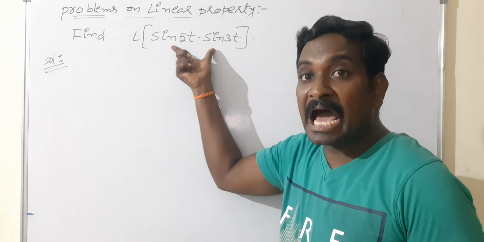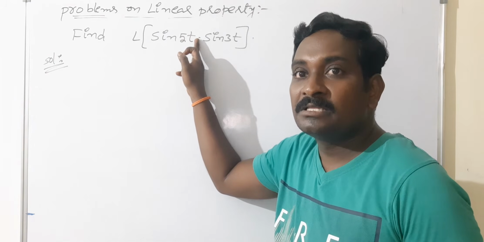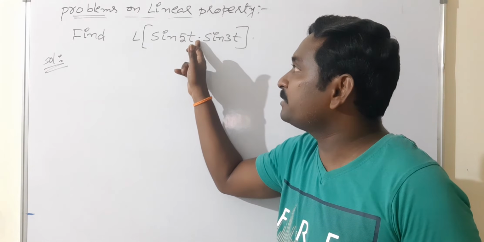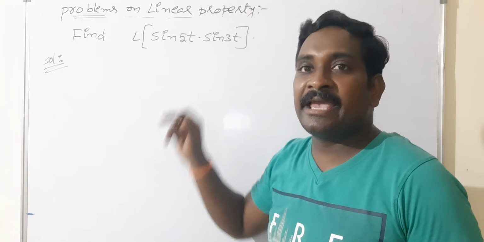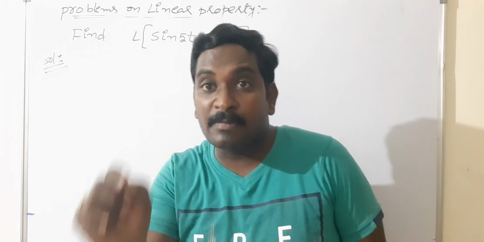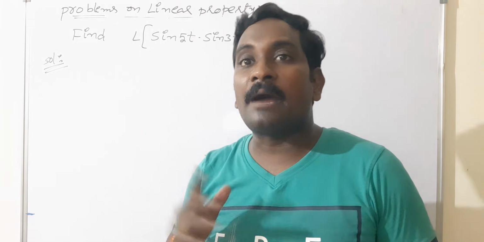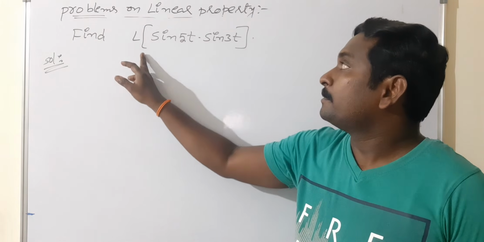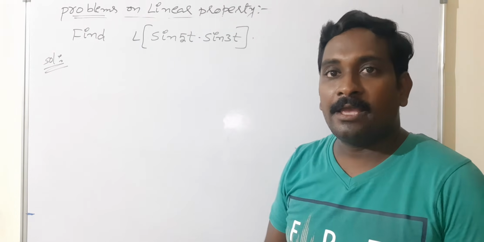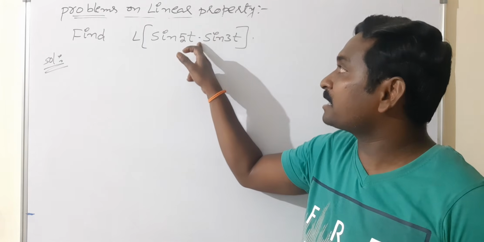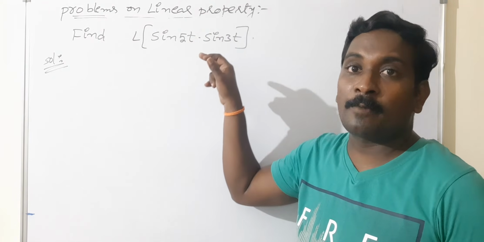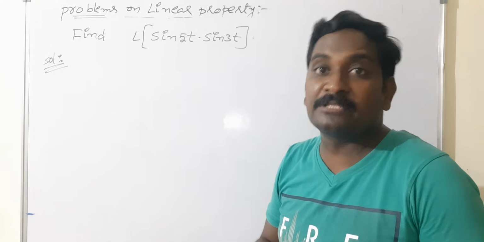Two functions are in multiplication. Okay, in this case, whenever two functions are in multiplication, we are unable to apply linear property. It means that we are unable to split the terms.